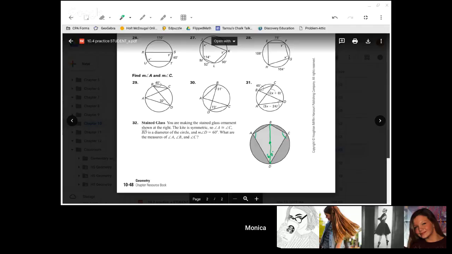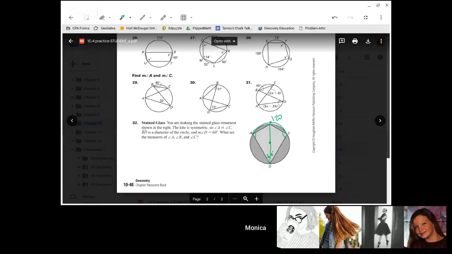Now, if we look at the picture, we know angle D is 60 degrees. So could we calculate the arc that that angle forms? Okay, so what would it be? Yeah, it's 120.